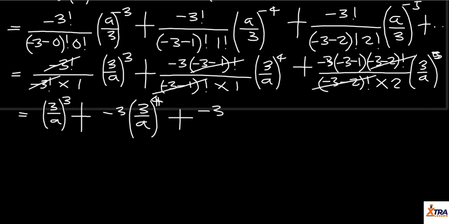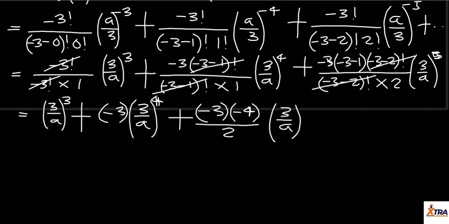Plus the next one, this cancelling this out, I'll be left with minus 3 times minus 3 minus 1, which is minus 4, all over 2 multiplied by 3 over a raised to power 5.